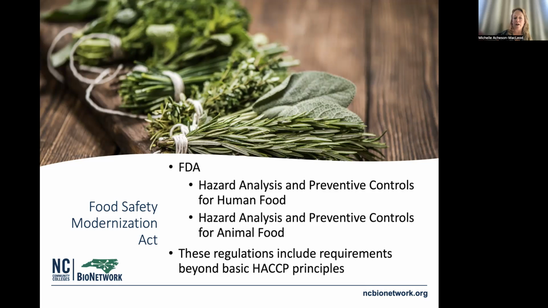But for the FDA, for the Food Safety Modernization Act, they've passed preventive controls for human foods and preventive controls for animal foods. And so these go above and beyond the basic HACCP principles. What they do is they take the requirements for supplier control, sanitation control, and allergen control, and they elevate them to a standard that's higher than your regular prerequisite program.